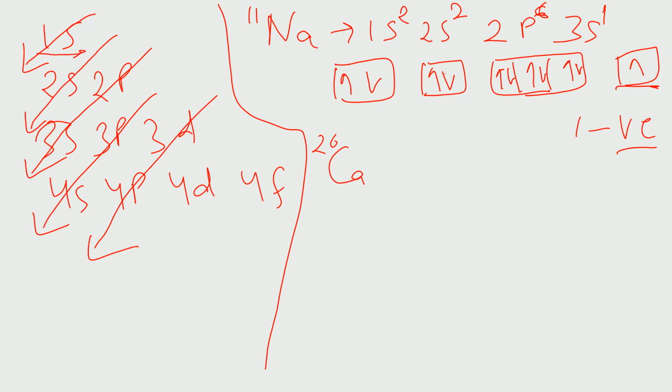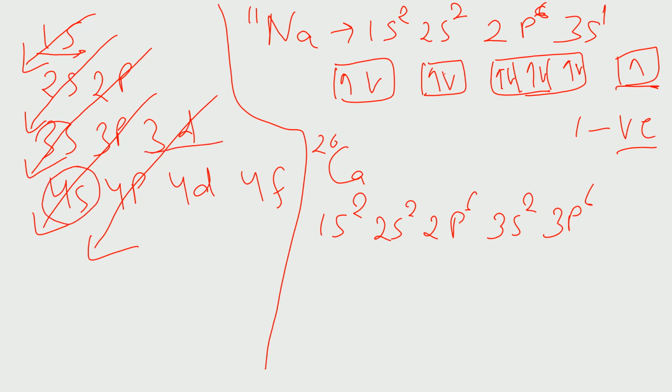So 1s². Now comes the second shell, 2s², 2p⁶, 10 are filled, 3s², 3p⁶, 18. Now only 2 are remaining. After 3p comes 4s. Instead of 3d, the next energy level is 4s.